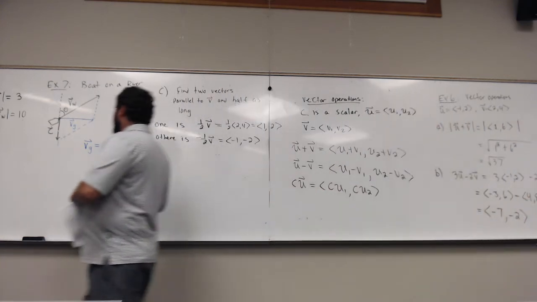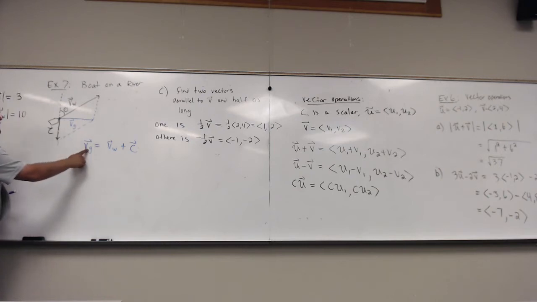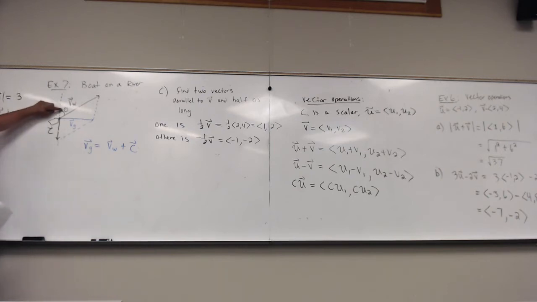Okay. And then before I can find this vector VG, that's going to help me find this angle theta right here, I have to find the components of the vector C and the components of the vector VW. Now C is not too hard to find, because what's the x component of the vector C if I'm thinking of it as going straight down?